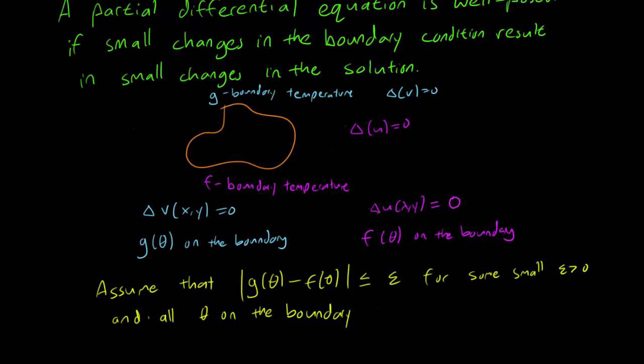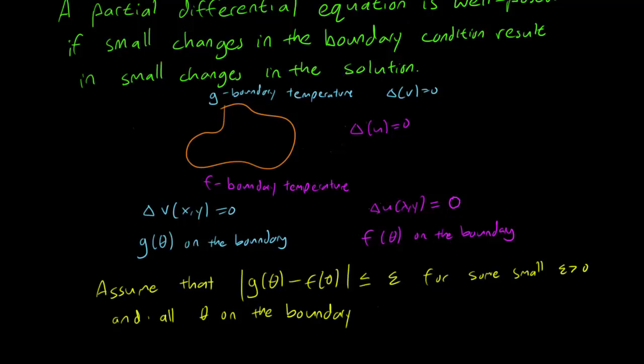So let us consider two different boundary temperatures. The boundary temperature G corresponds to a steady-state temperature V(x,y), and the boundary temperature F corresponds to a steady-state temperature U. We parameterize the boundary by theta and the interior of the surface by x and y.